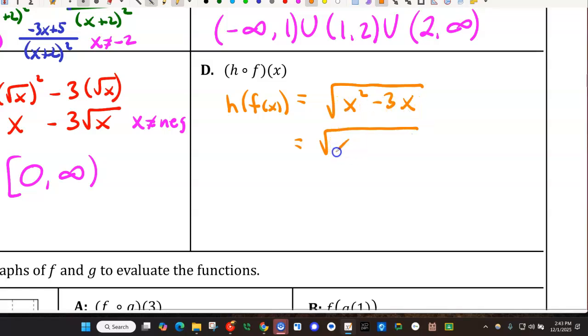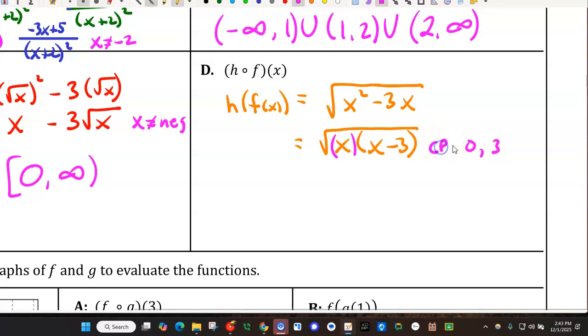When you're trying to figure out domain, factoring is usually a good thing. So factor out a GCF of x. From here, we know x can't be 0 or 3. Well, actually, they can be 0 and 3, but these are going to be critical points.